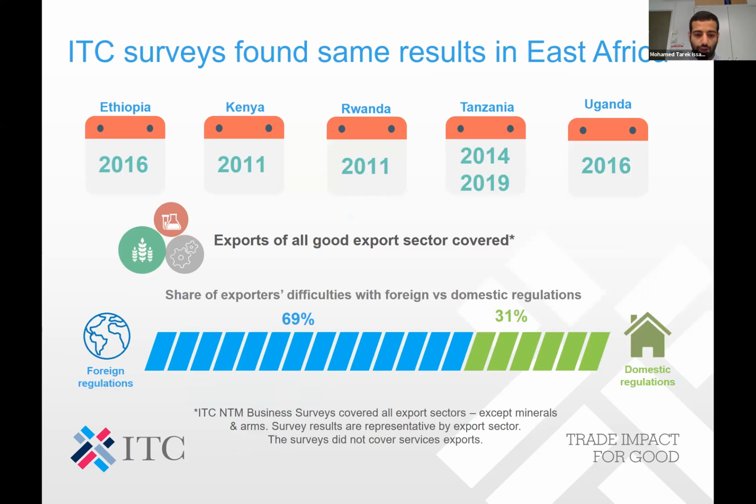So quickly, as I told you, we have done surveys in your countries because you might be interested to know, okay, in my country, do exporters face the same problems? Yes, actually, we got the same results in East Africa. So companies are saying 70% of the problems are because of foreign regulation, but 1/3 is related to regulation imposed by our own country.